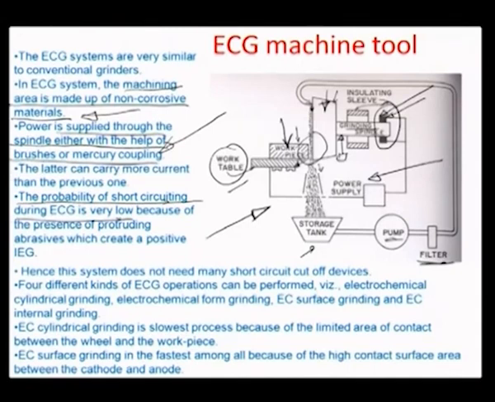occur in the remaining part of the circuit, because ECG as such is a process which, by virtue of the way it has been defined, is very less probable to short circuit, okay, because it's a self material removal process as such.